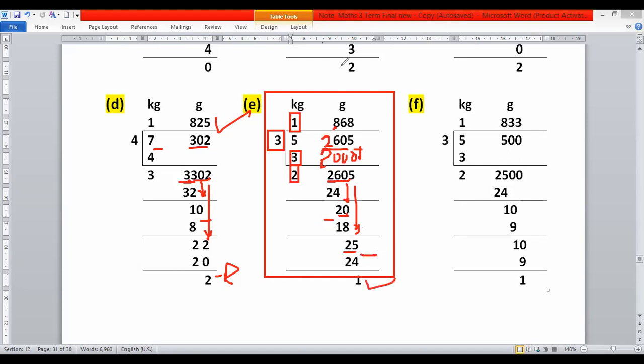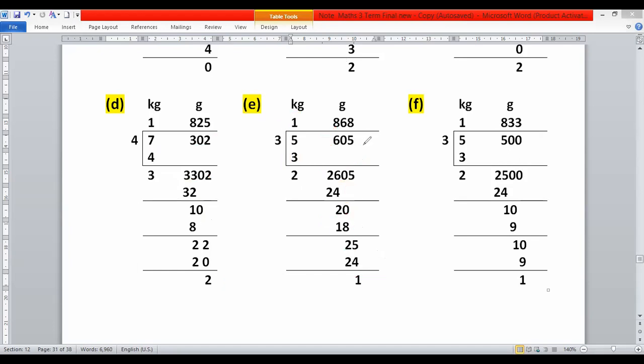Dear students, in division, the most important step that I have told is that when you finish the division of kilogram, after that you will change the remaining kilograms into gram. Here we have 2 kilogram. 2 kilogram means 2000. So you have to write here 2000.